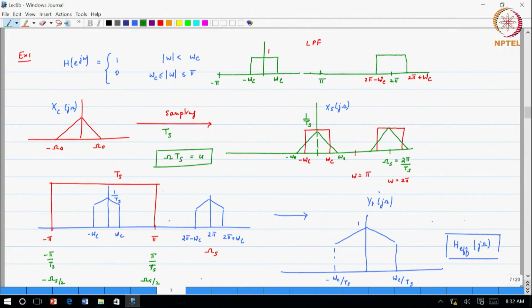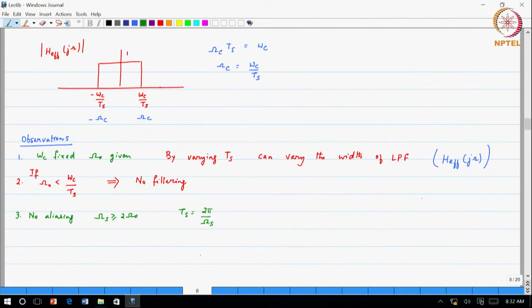Okay. So, if I had a drawing of this, it is from minus omega naught to omega naught. The repetition of this is going to come at 2 pi.